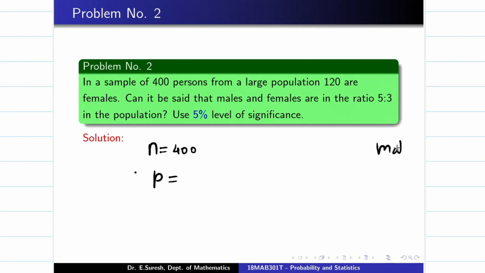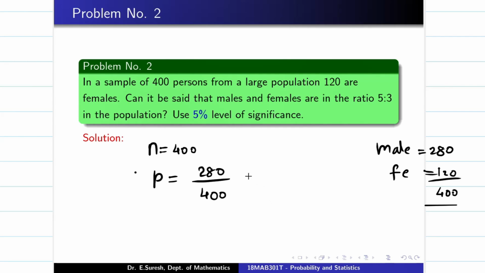Male 280, female 120, total 400. Out of 400 people, 280 are male. You can even take female, then you have to calculate for female. So N is known, small p is known.